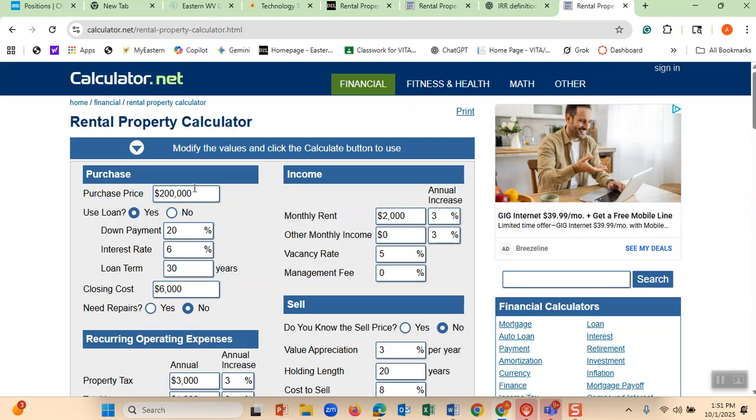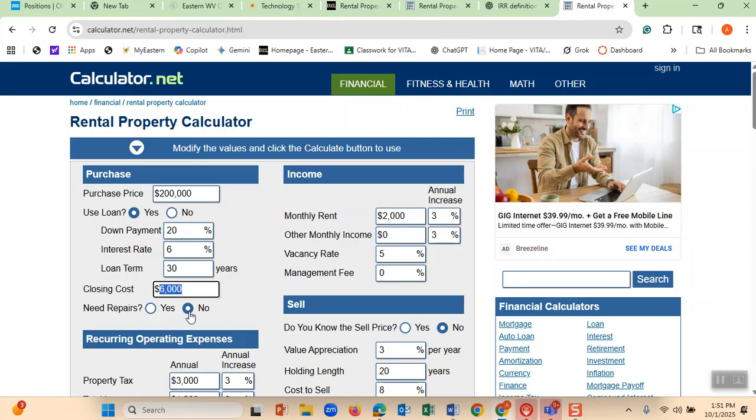Here is my example. I am going to buy a house for $200,000, and I'm going to use a loan. I am putting 20% down payment. 20% of 200,000 means $40,000. Then the bank is charging me 6%, and the loan is for 30 years, and I have to pay $6,000 of closing costs, assuming that this house doesn't need any repair.